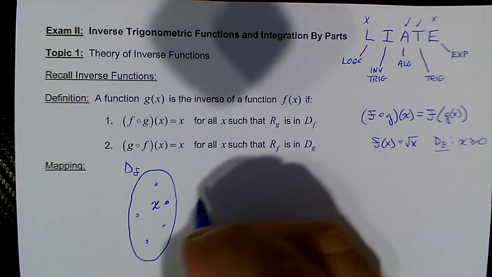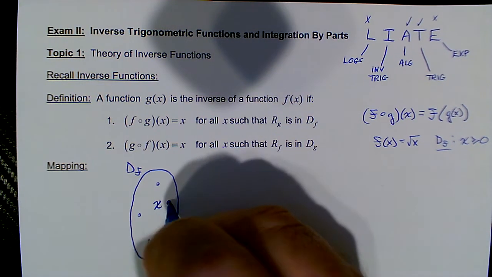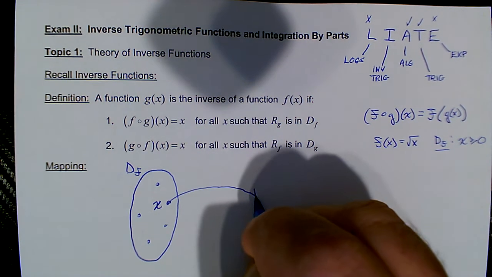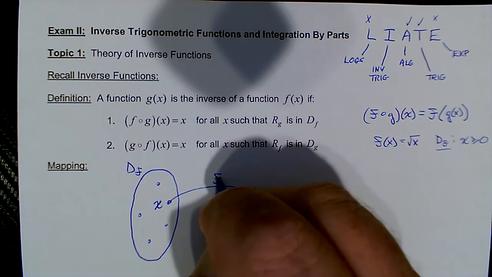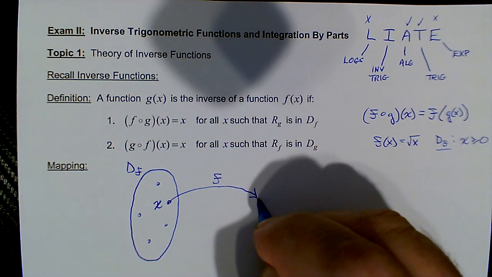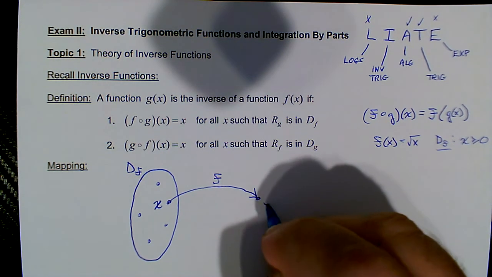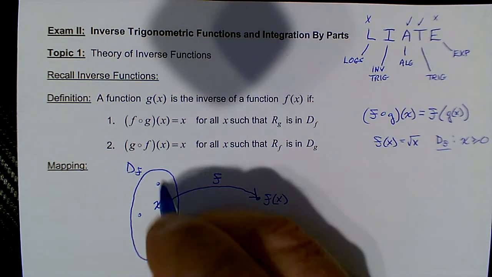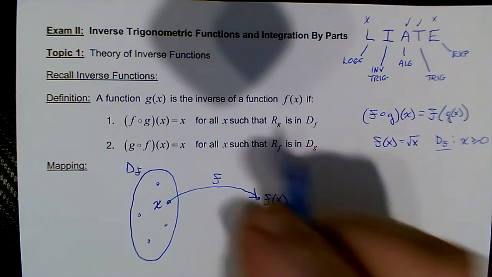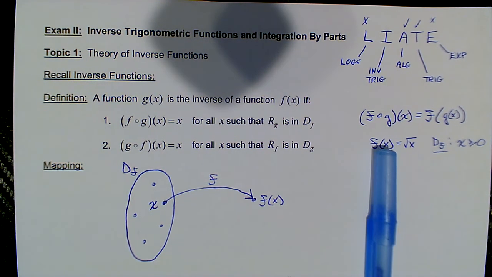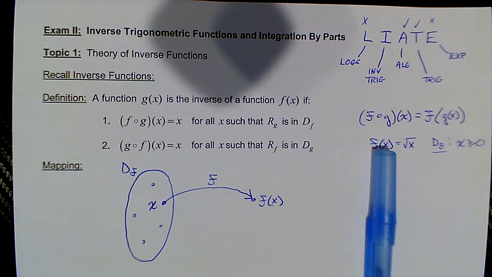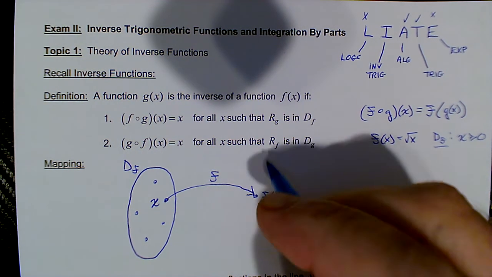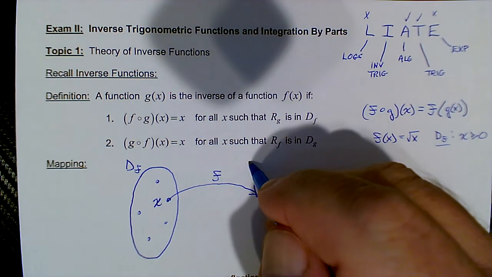But we're talking about this in general. So if you take an element x and you send it through the function f, then you produce its image, f of x. And then if you take all the elements that are in the domain of f and send them through the function f, that produces a new set.